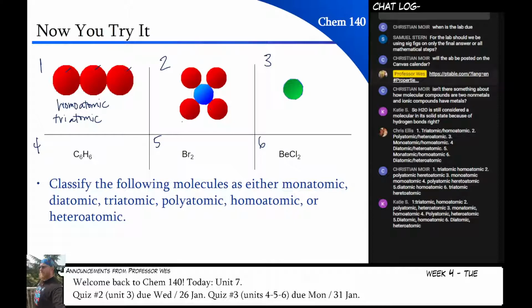For the second one, there are multiple colors. So there are multiple types of atoms present. So that means this is heteroatomic. And then how many are there? There are 1, 2, 3, 4, 5. You could say pentatomic. I'm just going to write polyatomic.